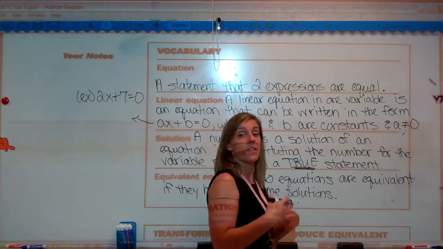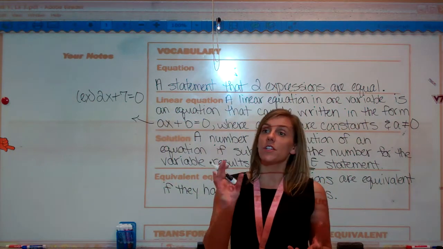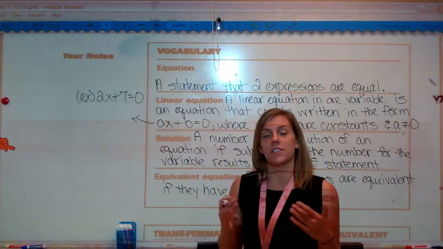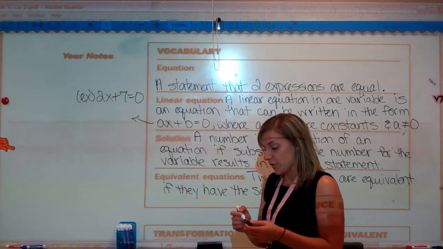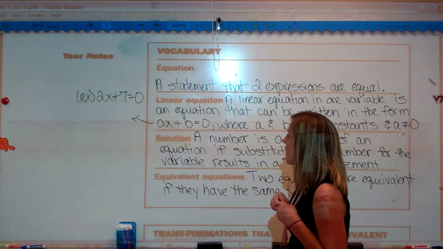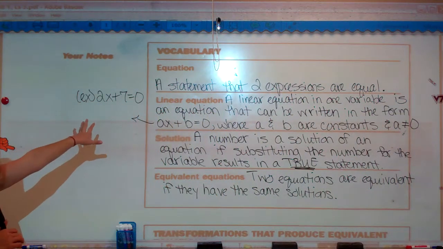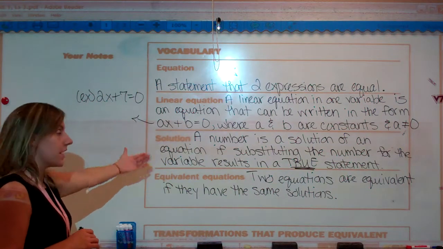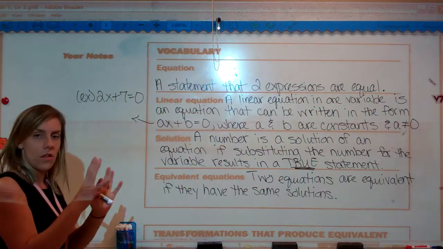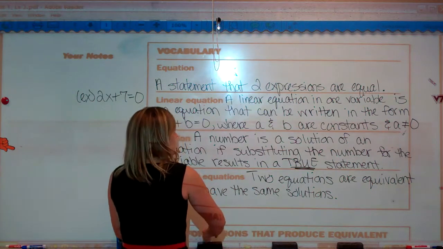So the equations may look different, but if their solutions, if those answers that we get after we solve are the same, then they are equivalent. They just might be written differently, okay? So those are our definitions. Let me get out of the way. Okay, those are our definitions so that as we build on them, we're all on the same page and we all know what we're talking about, okay?